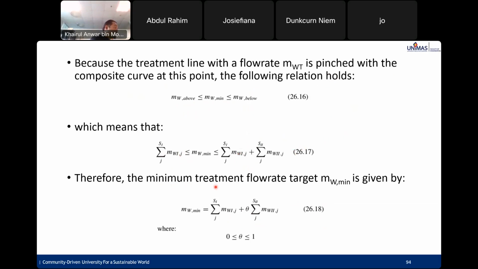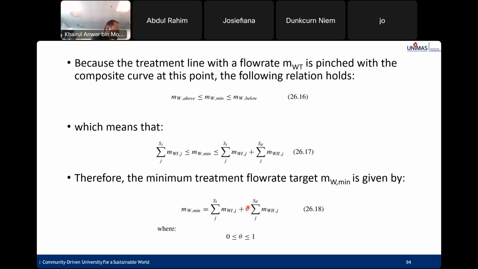Therefore, the minimum treatment flow rate target, so MW mean, is given by MW mean equal to MW1, water flow rate for group 1 on the stream, plus partial.